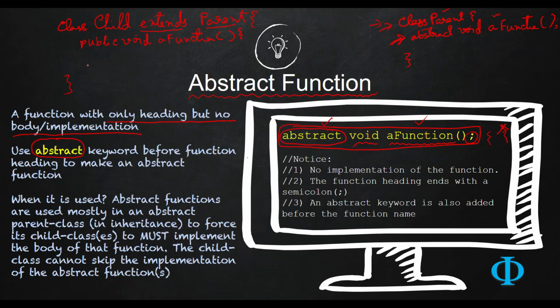So here is this, and you can do any logic over here. So you must re-implement, or you can say you must override the function in object-oriented programming terminology. You must override the abstract function here.